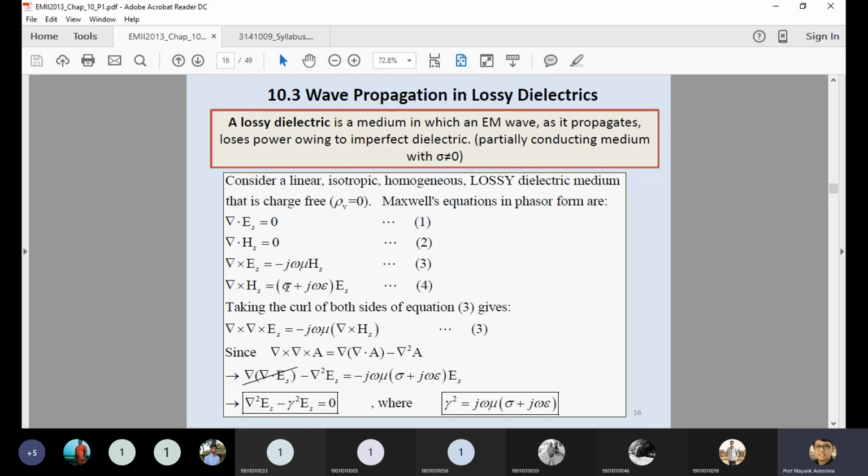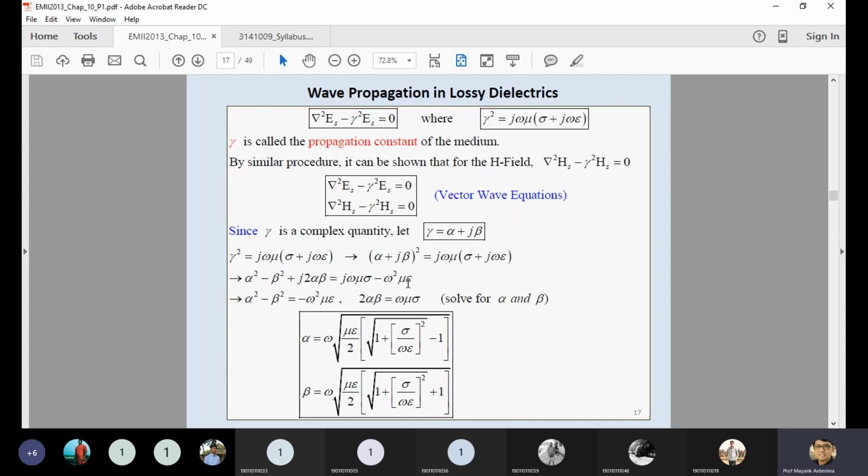On your screen you can identify curl of H bar is equal to sigma plus j omega epsilon into E. So take the curl of this equation, and replace the value of del cross E in this equation, and finally you get del square H is equal to gamma square H. You can also verify it. The method is almost similar to the method we followed to derive del square E is equal to gamma square E. Only you have to take the curl of the second equation.